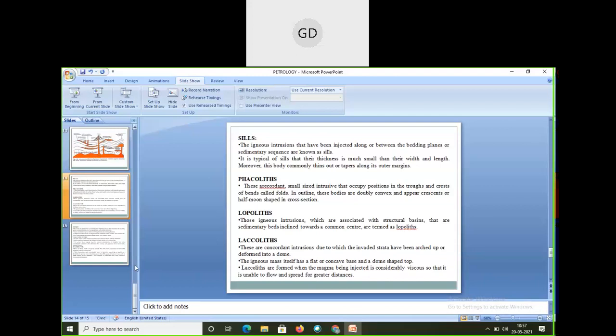One more thing: if you go through that PDF that I have shared, you self-study one thing by yourself, the different types of igneous rocks. We have done the practical about sedimentary, metamorphic, and igneous rocks, if you remember.